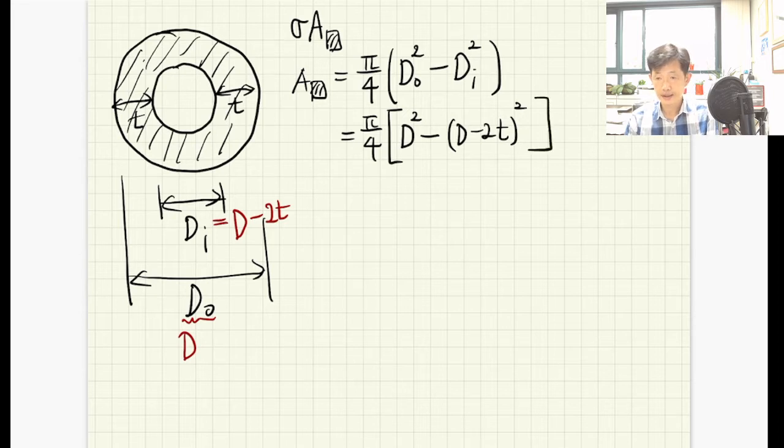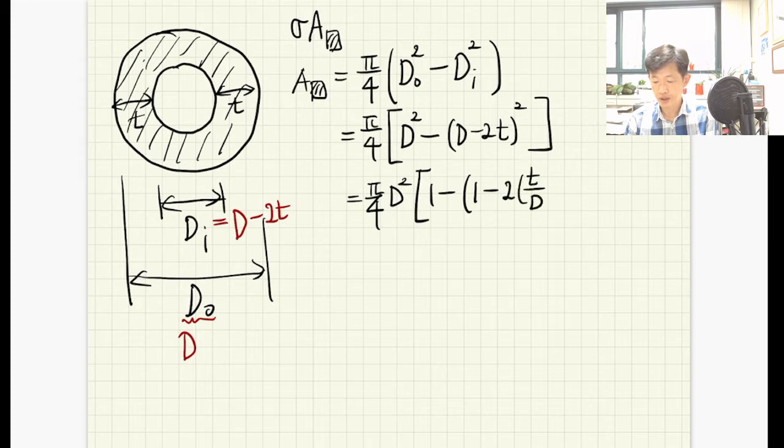So let's take out pi over 4, D square, times 1 minus, 1 minus 2t over D, square. Okay, now let's introduce a simplification using the fact that the diameter is much greater than t.